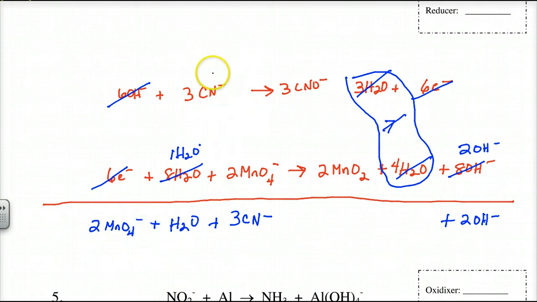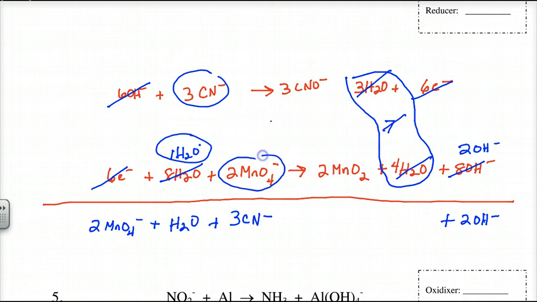I think I got everybody, right? 3 cyanide, the 1 water left, 2 permanganates, right? Other side of the arrow, we have the 3 CNO negative, oh yeah, mistake. We have 3 CNO negative plus the 2 manganese dioxide.